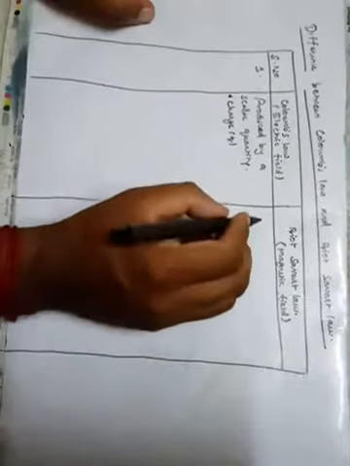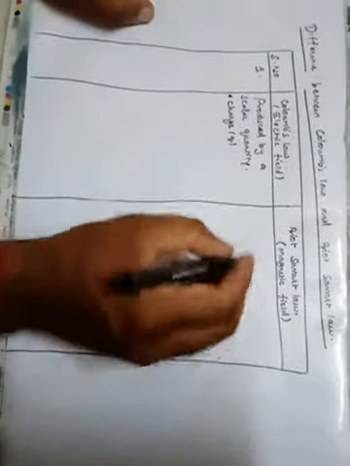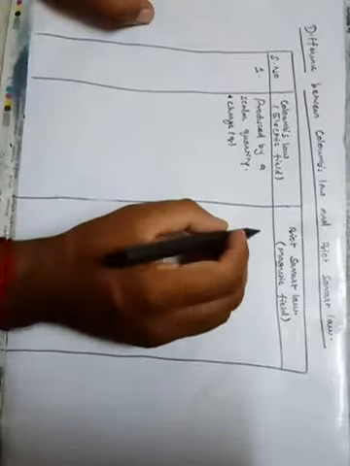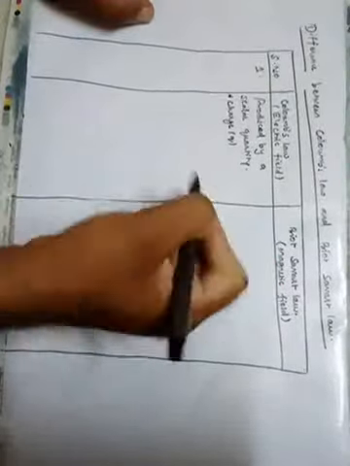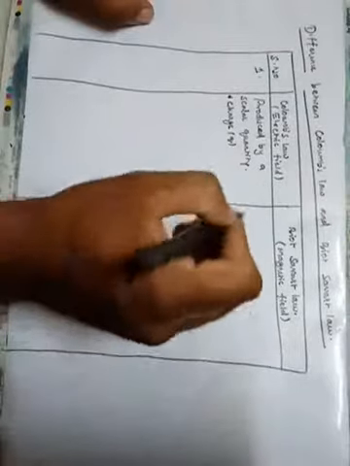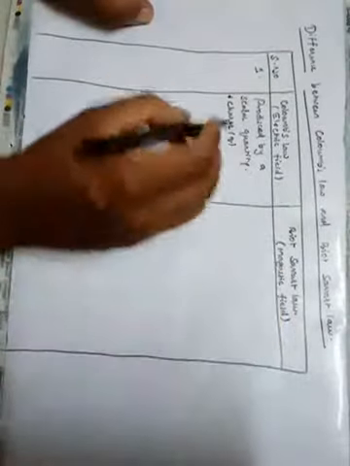The Biot Savart law is explained for the magnetic field. It is produced by the current element I dl. We know that I dl is a vector, so this is a vector quantity.